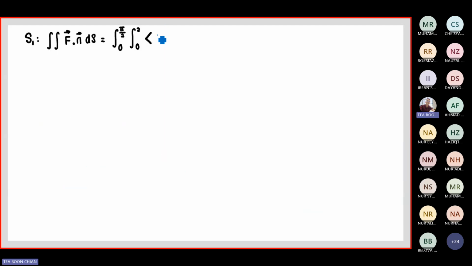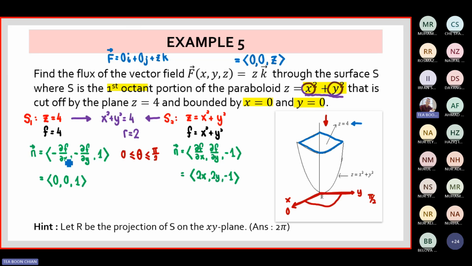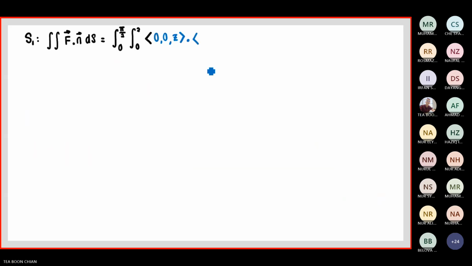Right, continue. So here, 0, 0, z dot the normal vector pointing upward, which is 0, 0, 1. Like I said, we already know this is a polar coordinate. Therefore, r dr d theta.